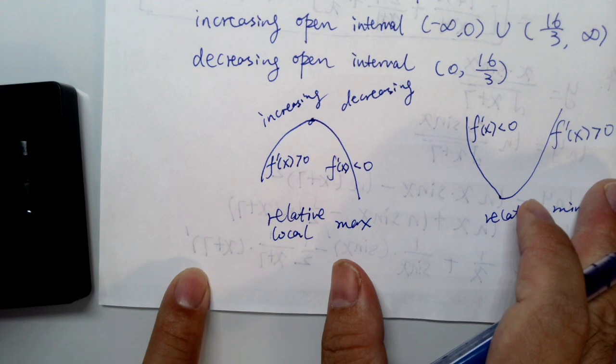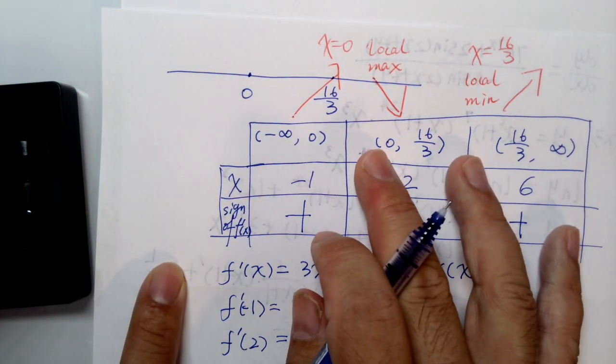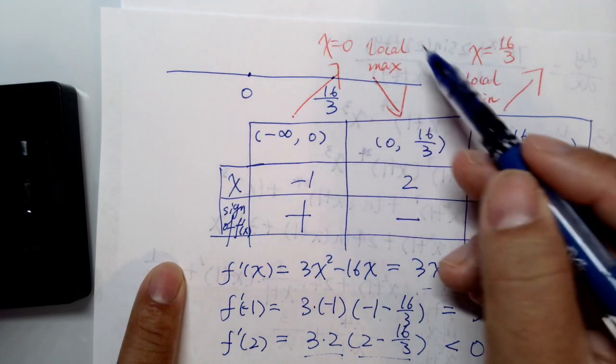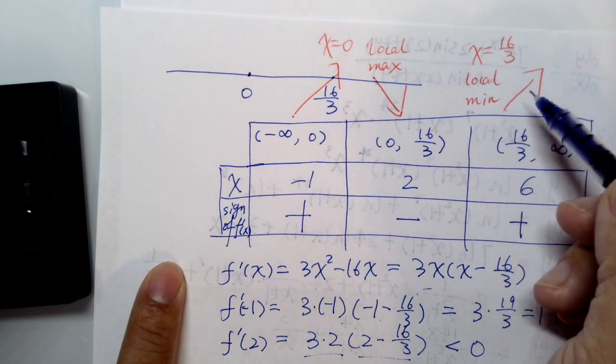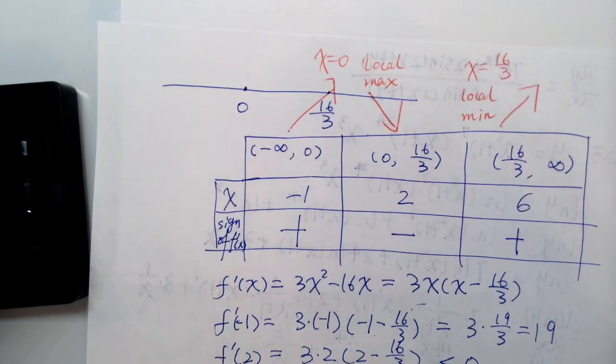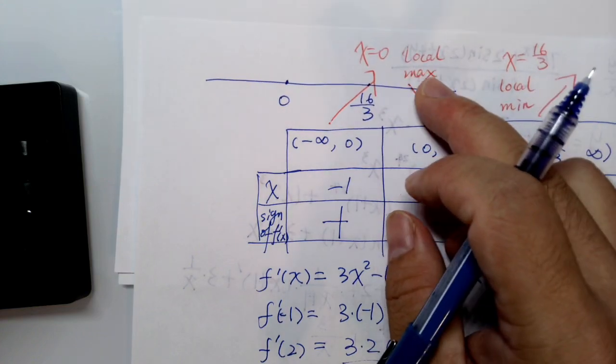Based on this test, associated with our table, we draw the conclusion and get what we want: going up then going down is a local maximum, going down then going up is a local minimum. If you want to figure out what the local maximum value is, in this example remember that at x equals 0 it has a local max.